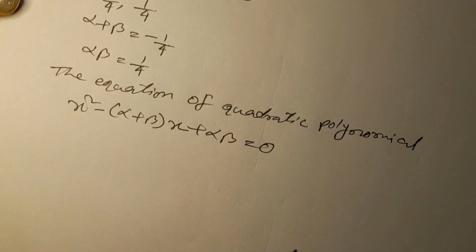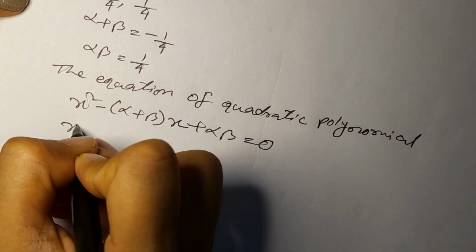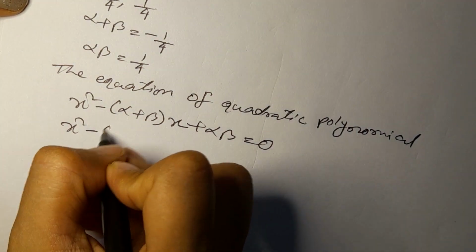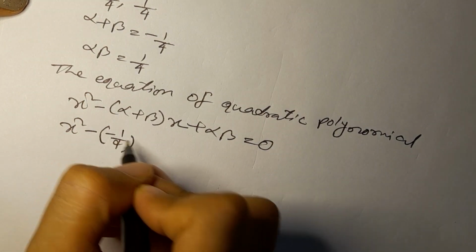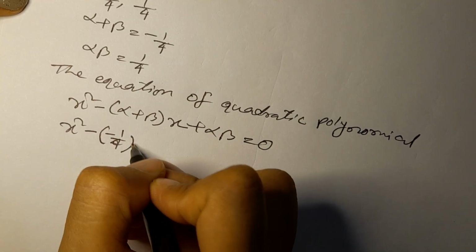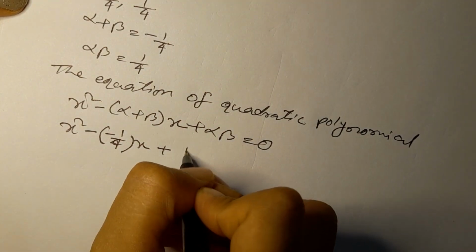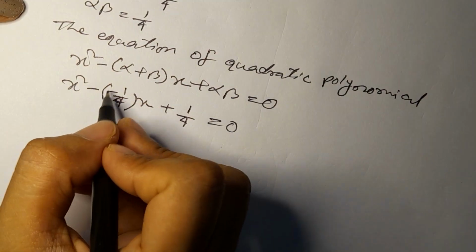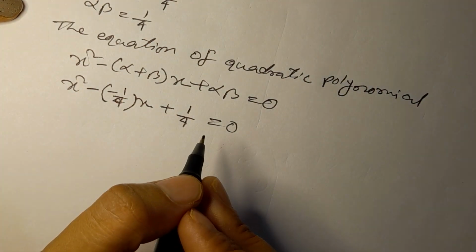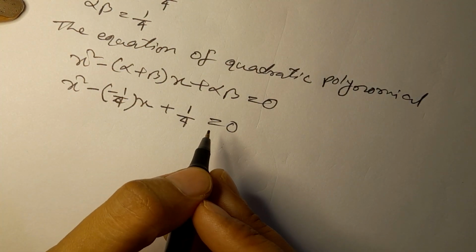Now replace it. X square minus, that is minus of -1/4 in a bracket, x plus 1/4 equal to 0. Whenever there is a negative sign, give the bracket.